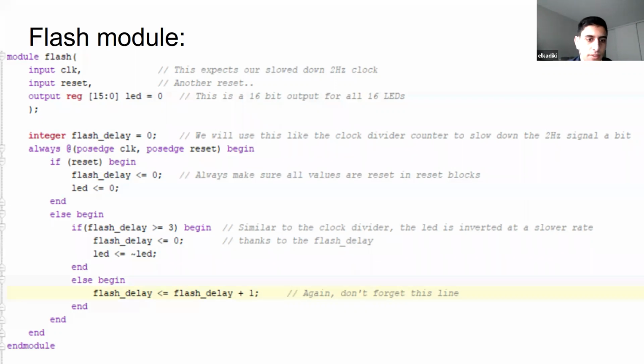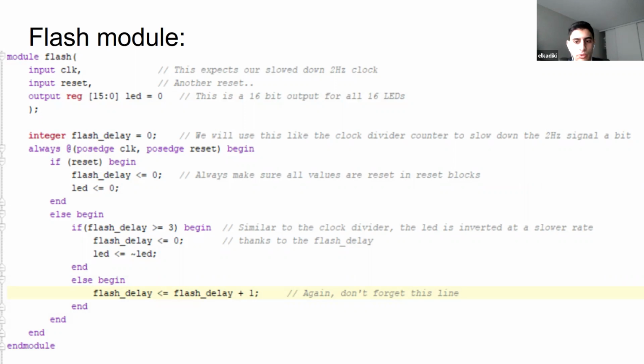The actual flashing is happening there where LED. Should we talk about the non-blocking operators? I just realized we haven't mentioned them. In case you haven't reached that in the course yet, the non-blocking operators are like saying equal, but equal with no order: let these two things happen at the same time.